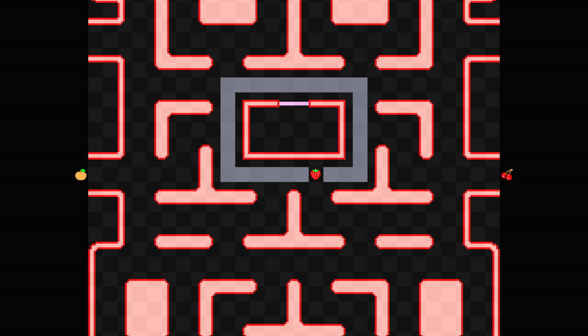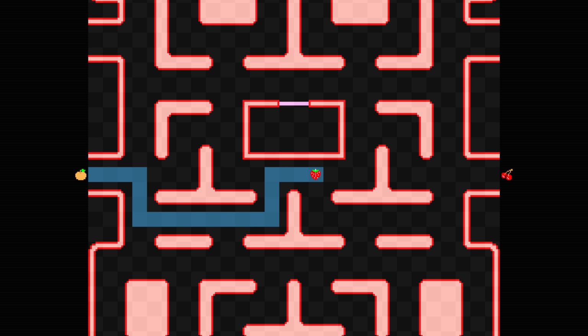The hard-coded path around the ghost house is always 6 tiles left, 6 tiles up, 9 tiles right, 6 tiles down, and 2 tiles left. Then say this exit path would be 4 tiles left, 3 down, 9 left, 3 up, and 4 more left. The game stores these paths as a list of directions where each direction takes up 2 bits.